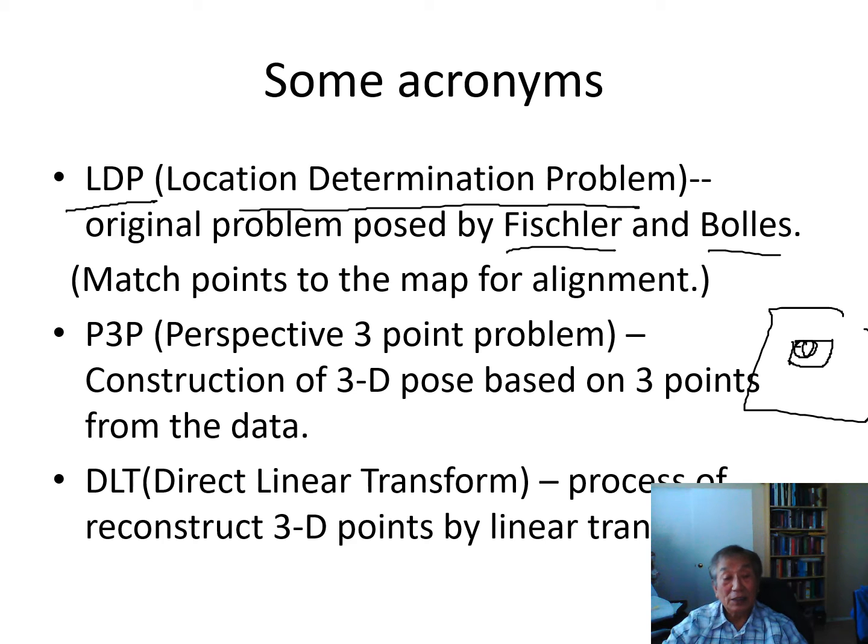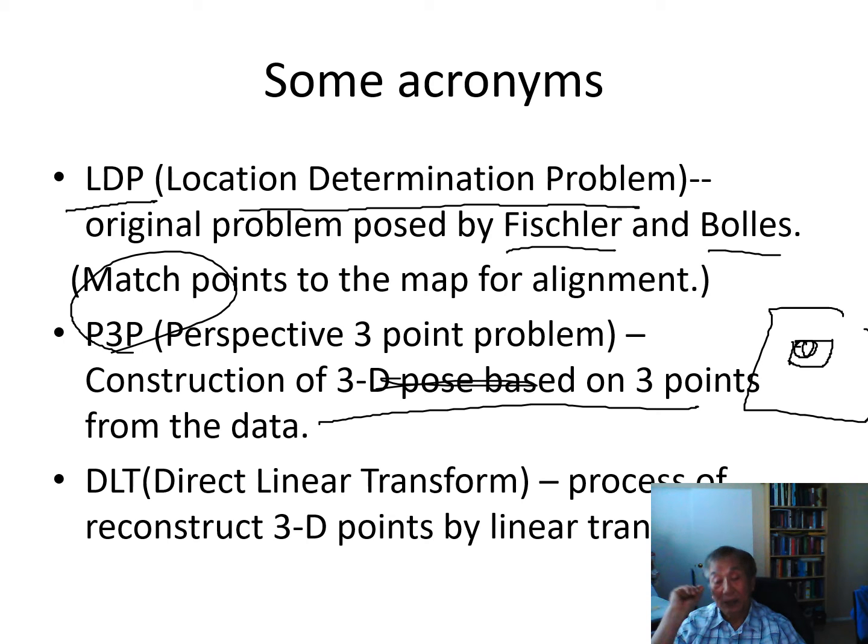Then they construct the 3D pose based on 3 points. Sometimes, if it's possible, a map is available. P3P is the perspective 3-point problem. So you can reconstruct three-dimensional data from existing data and check which one is fitting best.